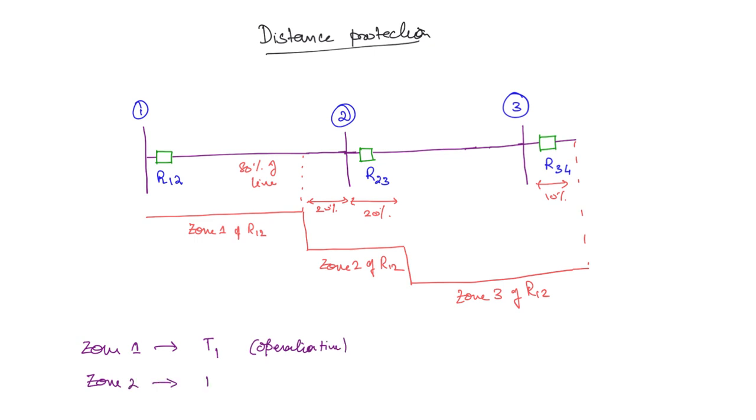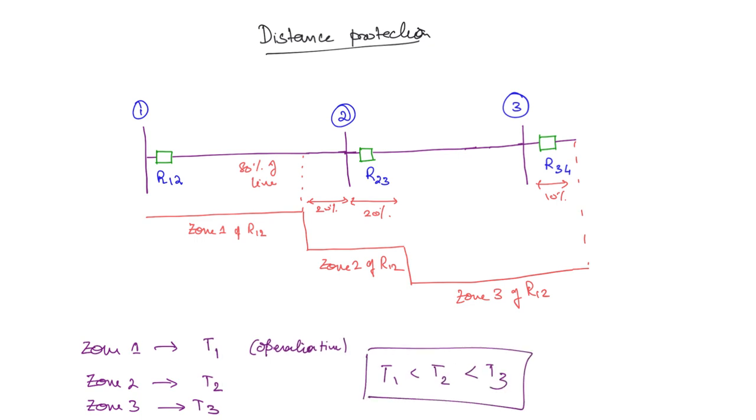Zone 2 is going to be T2, and for zone 3 the operation time is T3. Then T1 is the least because that is going to operate fast. So T1 will be less than T2, less than T3.